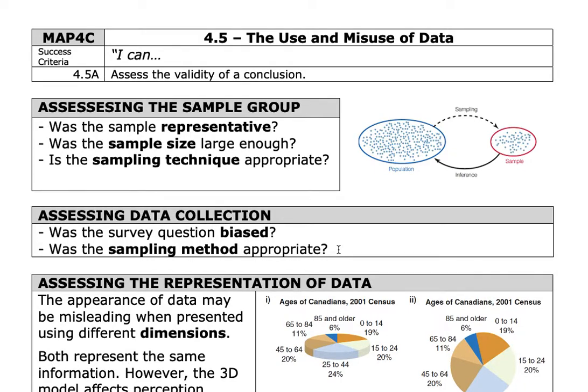Consider whether someone has an open or closed-ended question, meaning they can give an open response, or if they're given a selection. If they're given limited options, then the researcher has either intentionally or unintentionally led those respondents to particular answers, and that would invalidate any conclusion drawn from that research.